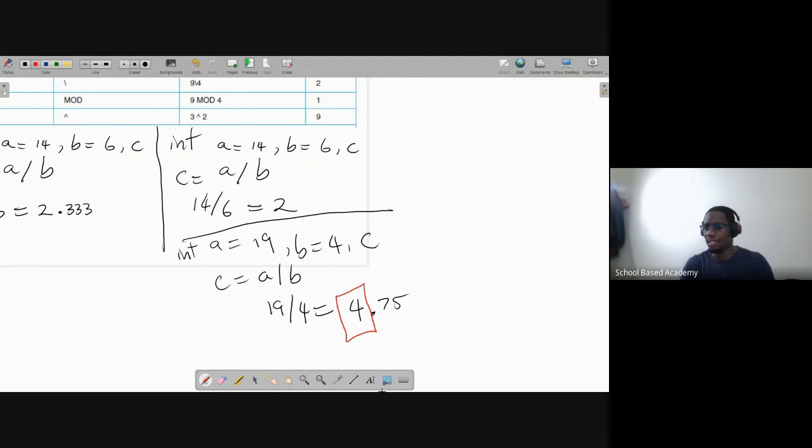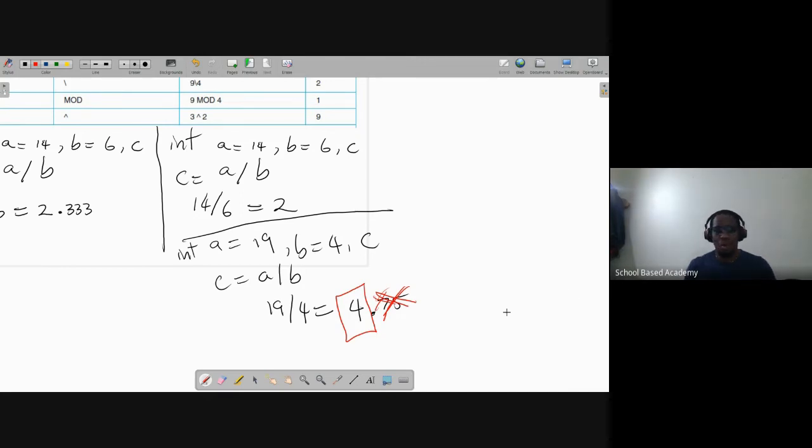So that 4 is held, and that 0.75 gets tossed by the wayside. We keep only the whole number result.